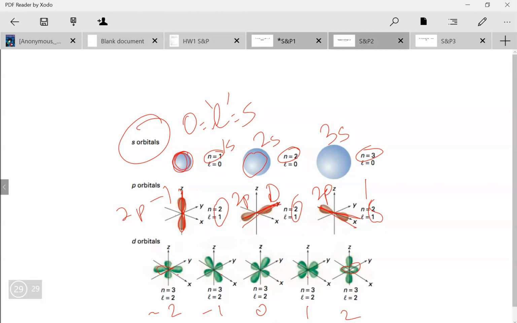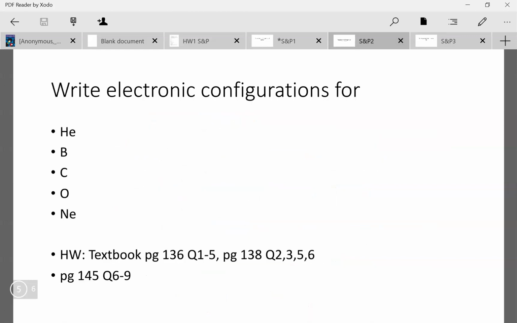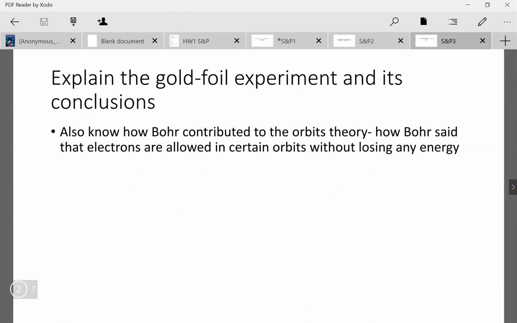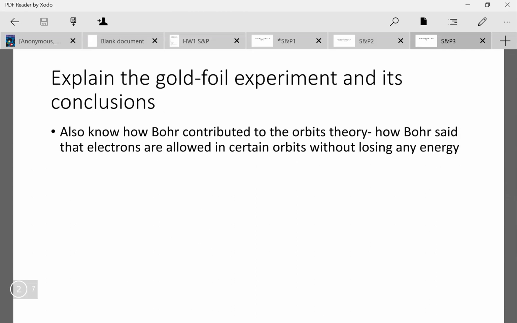So basically, we'll get back to electronic configurations, but what you need to know is the gold foil experiment, what Bohr said, and the limitations of Bohr's theory, because it couldn't explain the emission spectrum of gases other than hydrogen, like neon and helium. So we had to bring in quantum theory.